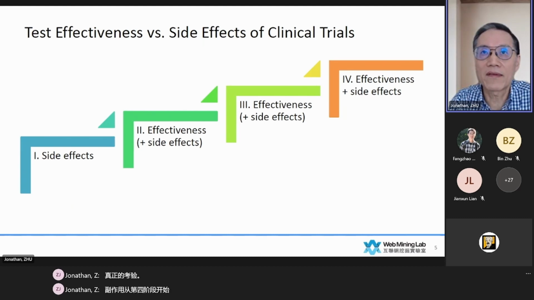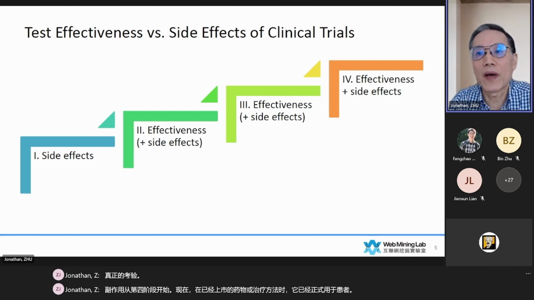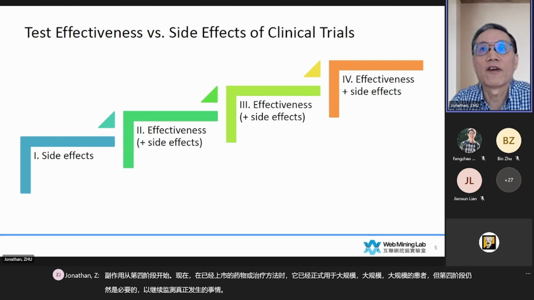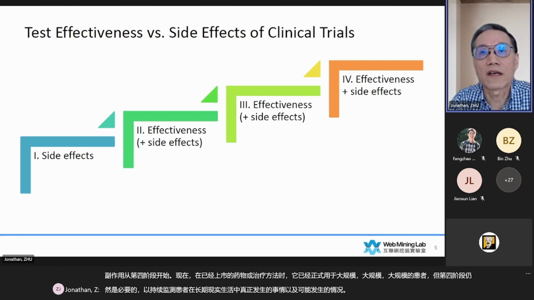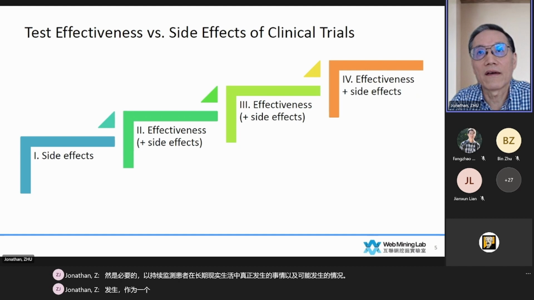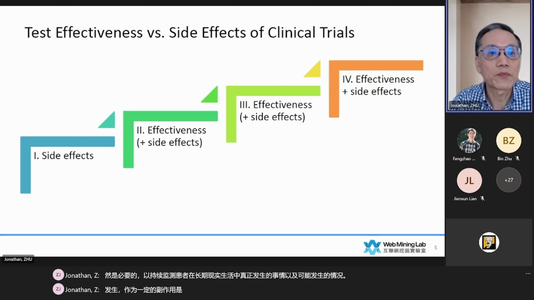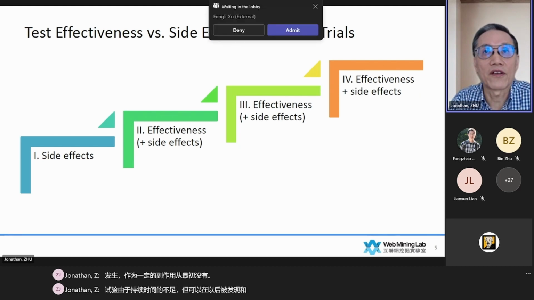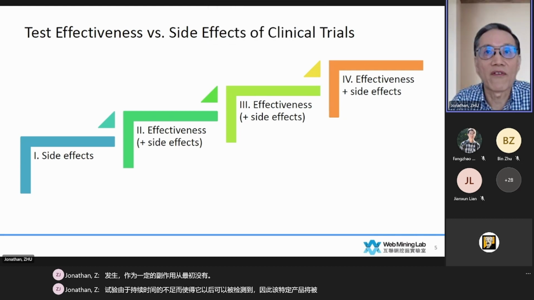At that time, the medicine or treatment is already on the market, formally used by patients on a larger scale, but still the 4th phase is necessary to keep monitoring what really happens to patients in real life in the long term. It may occur that certain side effects are absent from initial trials because of the shortage of duration, but could be detected later on, and then that particular product will be recalled or revised or whatever, right?